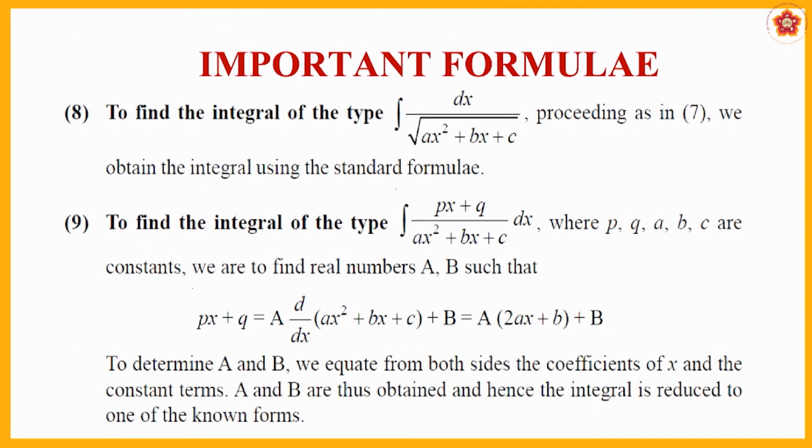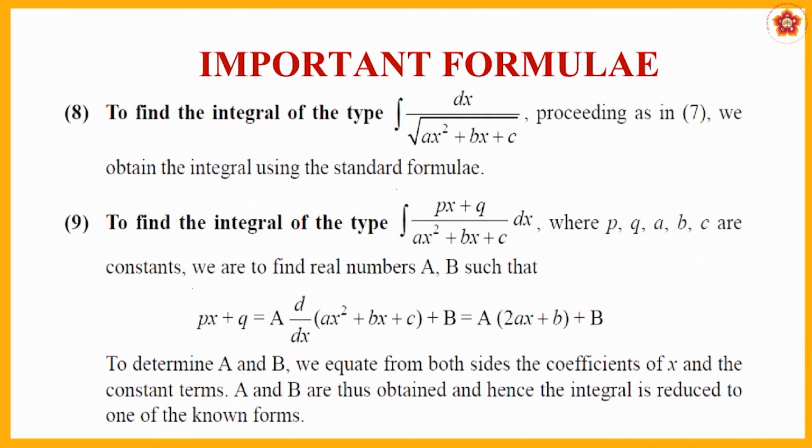The last type we are coming to is the integral of px plus q upon ax square plus bx plus c. In what way is this different from the 7th type?